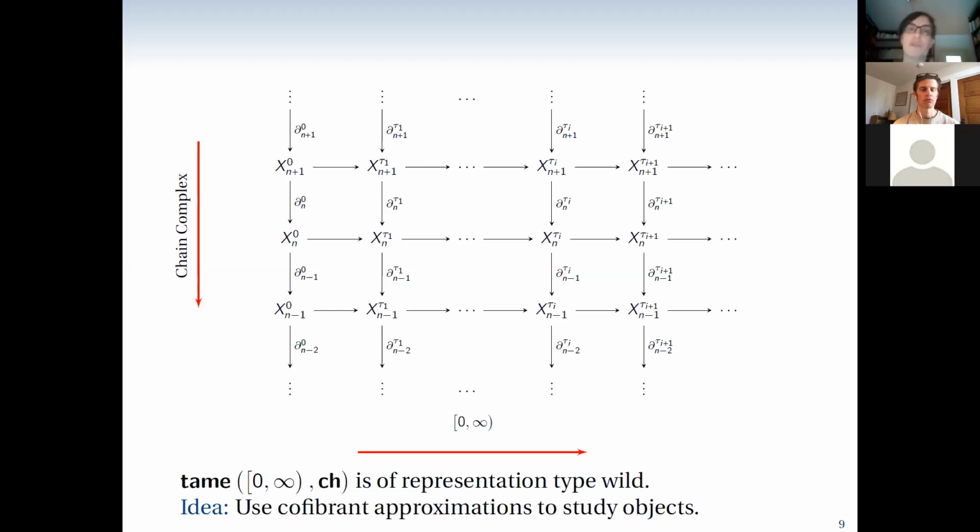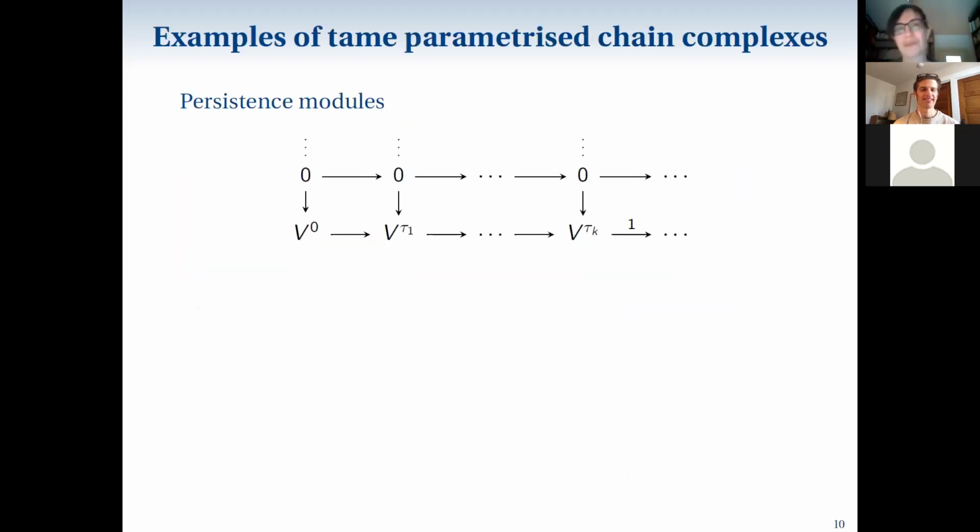Okay, but before I go into the details, I want to reward you with some examples. Okay, so why do we want to study tame parametrized chain complexes? Well, first of all, because if you give me a persistent module, then I can think about it as a tame parametrized chain complex. I'm simply putting it in degree 0, and I'm simply putting 0 everywhere else. Maybe not so interesting one, but it's still exactly a tame parametrized chain complex.